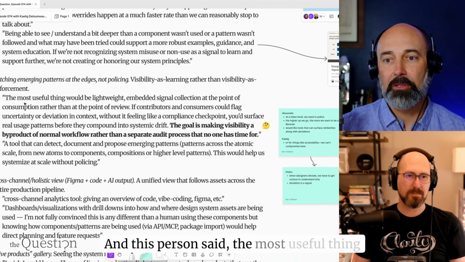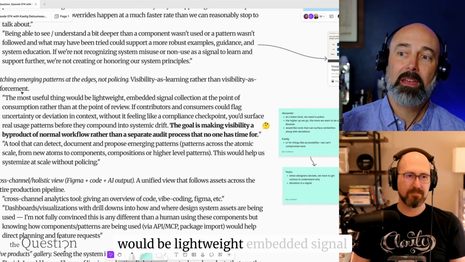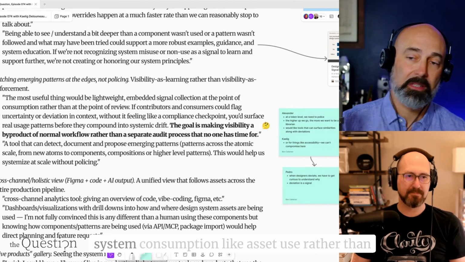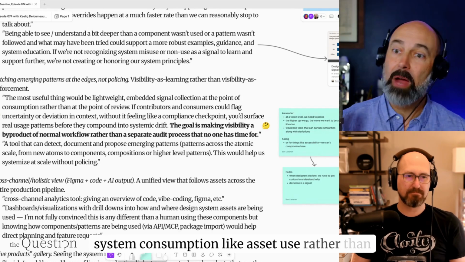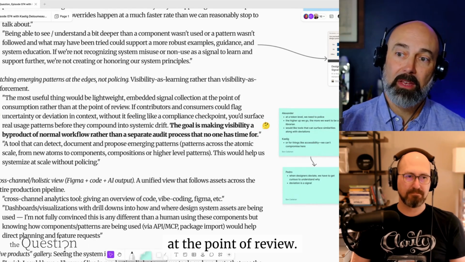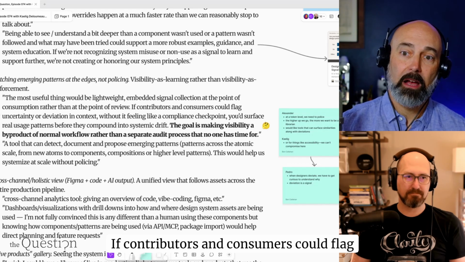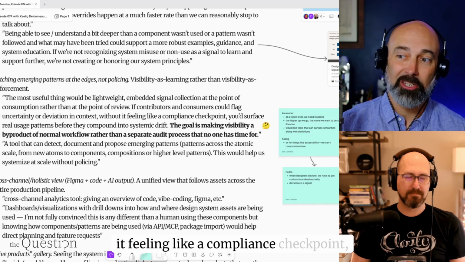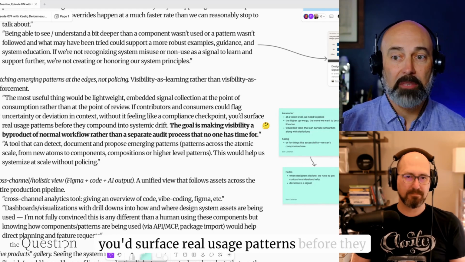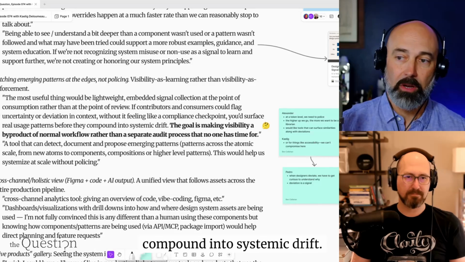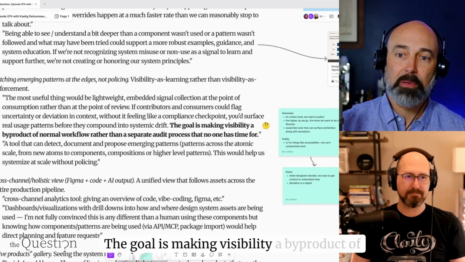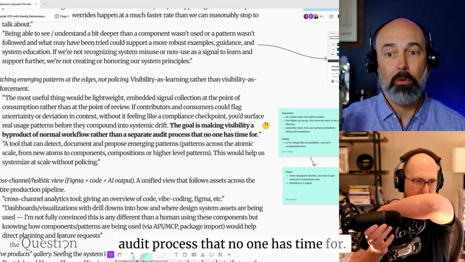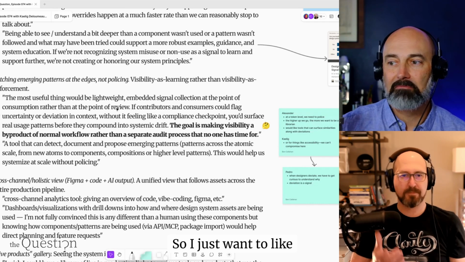And this person said, the most useful thing would be lightweight, embedded signal collection at the point of consumption, like asset use, rather than at the point of review. If contributors and consumers could flag uncertainty or deviation in context without it feeling like a compliance checkpoint, you'd surface real usage patterns before they compound into systemic drift. The goal is making visibility a byproduct of a normal workflow rather than a separate audit process that no one has time for. So I just want to let you respond to that.